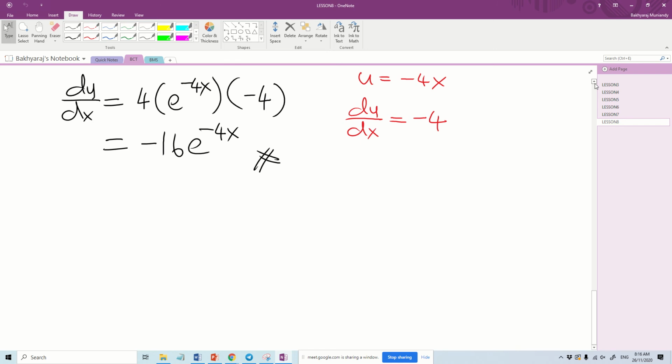Okay, number 6, y equal 5 over exponent x minus 1.